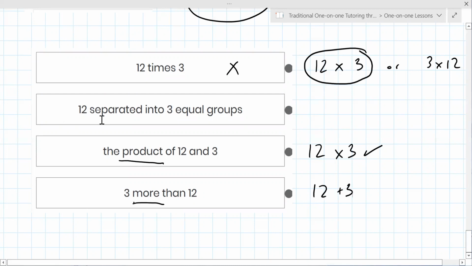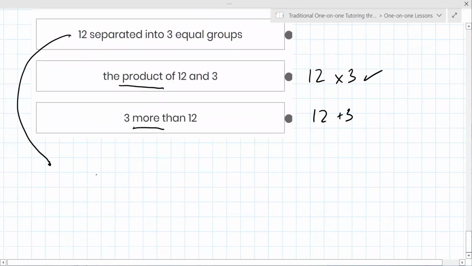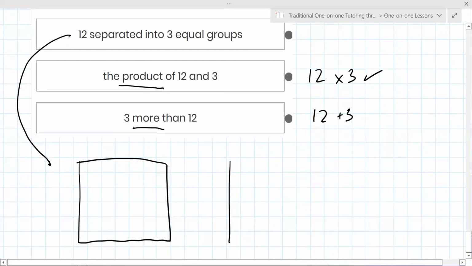And then, maybe for this one, imagine a picture. So you have 12 things, and then there's 3 equal groups.